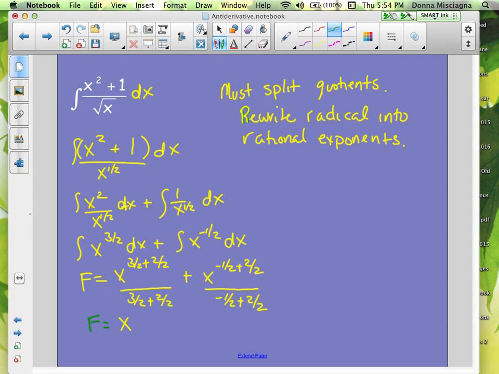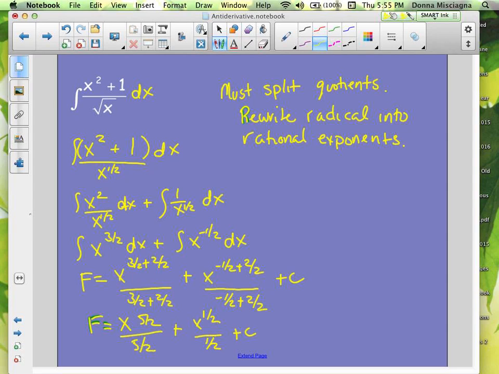I keep forgetting, it won't automatically give me yellow. I have a green pen in my hand, so it'll automatically write in green. So it would be x to the 5/2 divided by 5/2 plus, oops, I didn't put a constant over here, plus x to the 1/2 divided by 1/2 plus c.